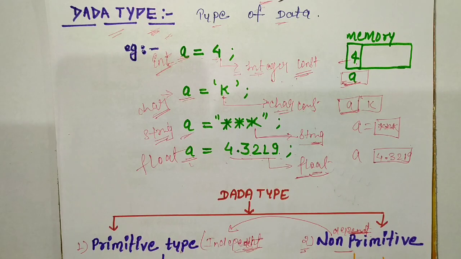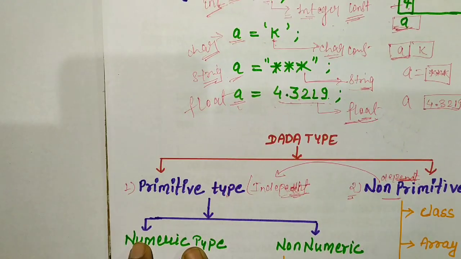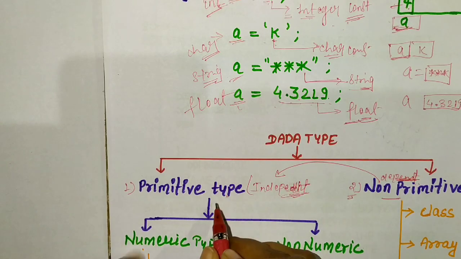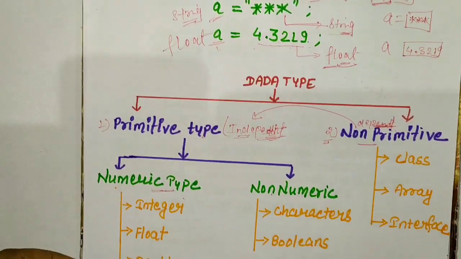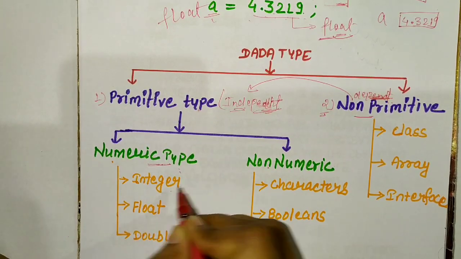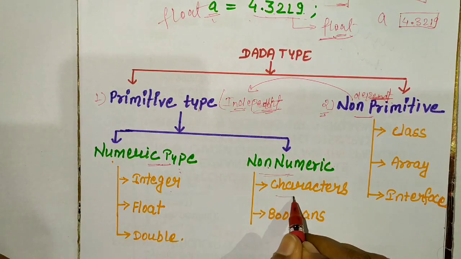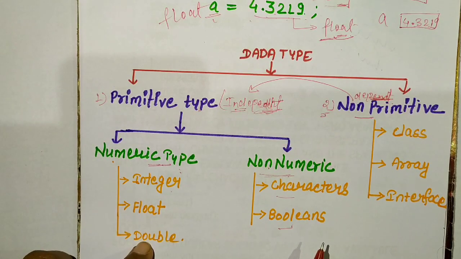Now the primitive data type is further divided into 2 types, numeric and non-numeric. What are examples of numeric and non-numeric? Non-numeric examples are character and boolean, and numeric examples are integer, float and double. So firstly, data type is divided into primitive and non-primitive. Primitive is independent and non-primitive is dependent. Primitive is further divided into numeric and non-numeric. Numeric is integer, float or double.